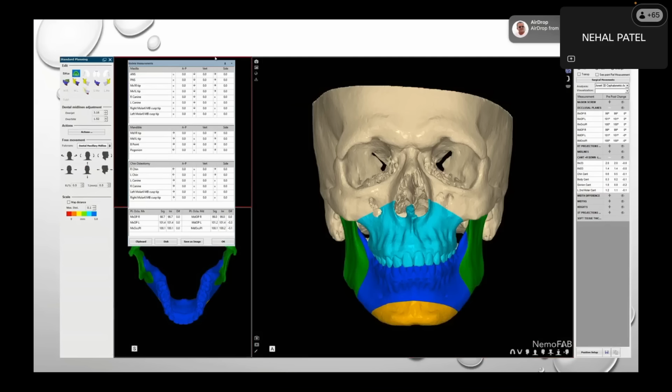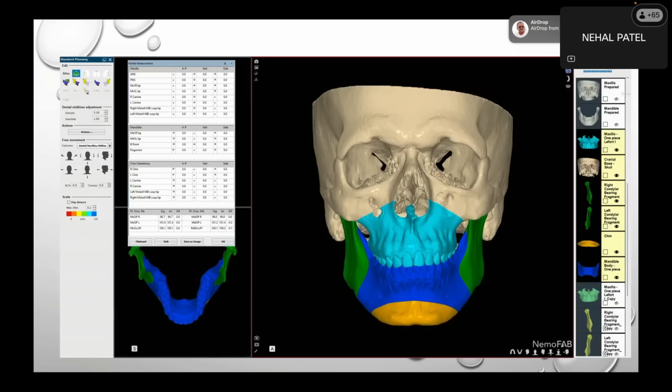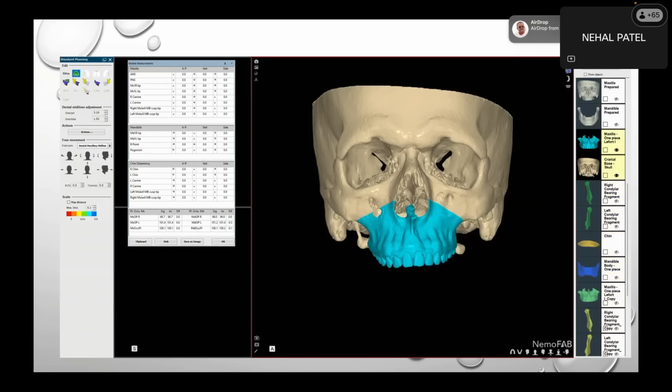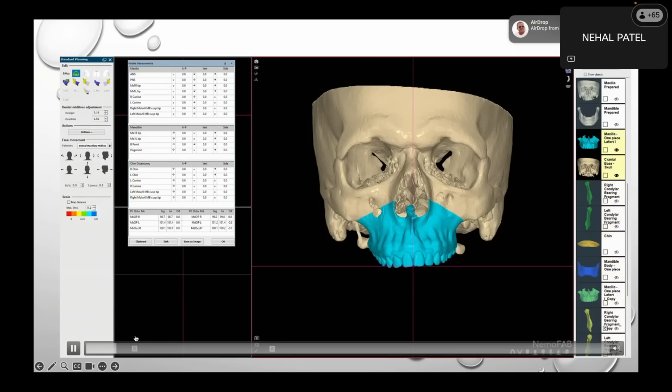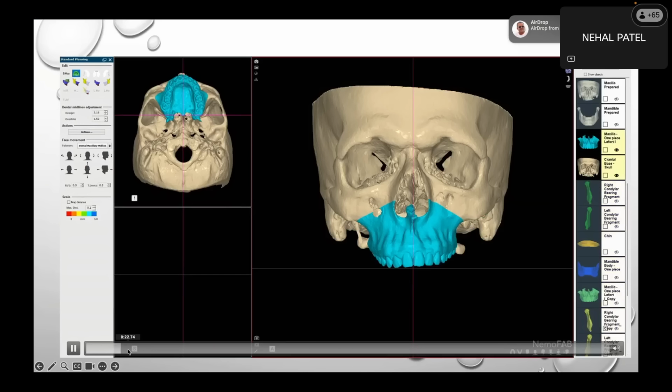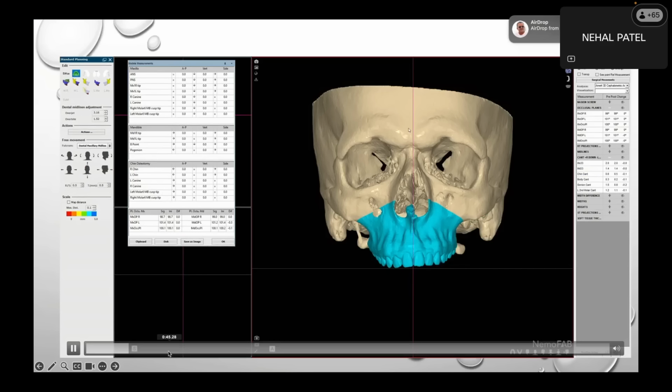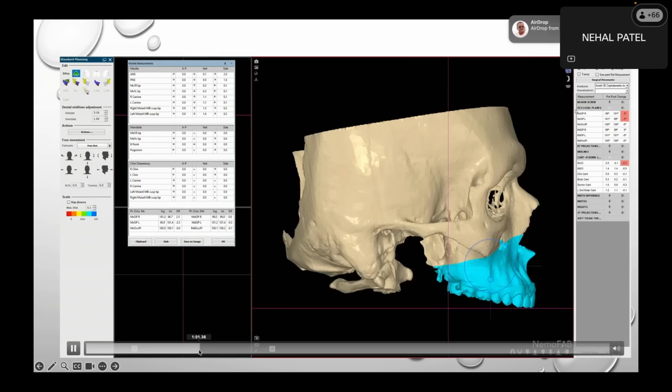When you need to keep the same occlusion, you have to understand that they don't require orthodontic treatment. So you remove everything. You start planning with your maxilla. You correct in the AP position, and you counterclockwise rotate. If you look at this maxilla, it is going up.